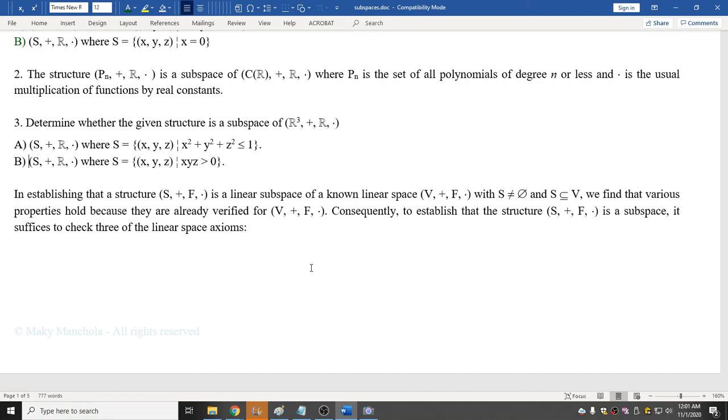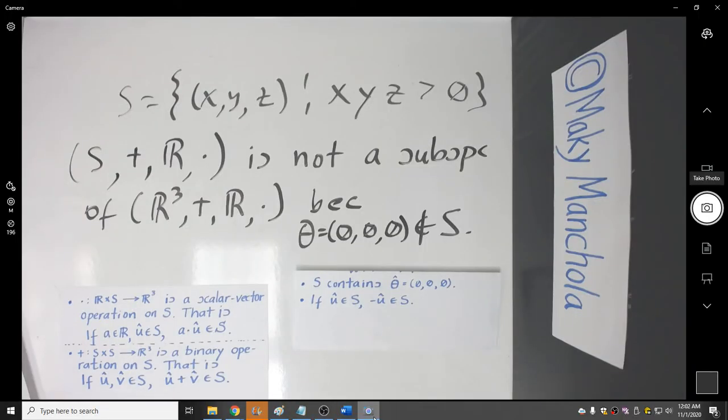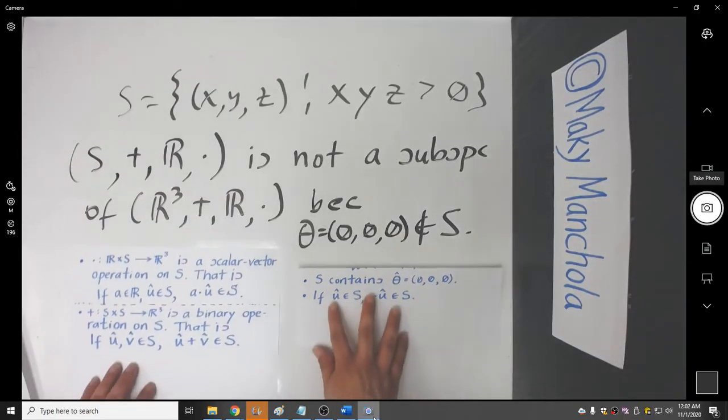Which are the 3? You might remember that in our discussion we have checked 4.